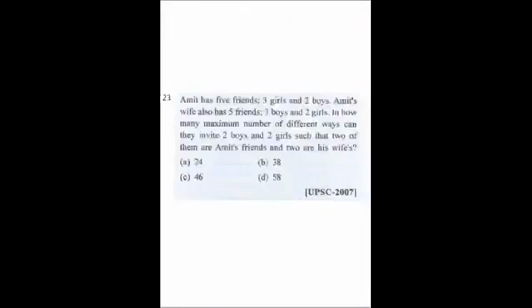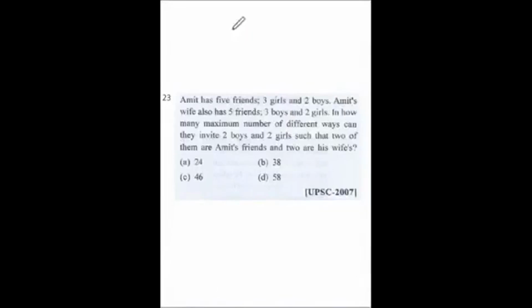Amit has 5 friends, 3 girls and 2 boys. Amit's wife also has 5 friends, 3 boys and 2 girls. In how many maximum number of different ways can they invite 2 boys and 2 girls such that 2 of them are Amit's friends and 2 are his wife's?